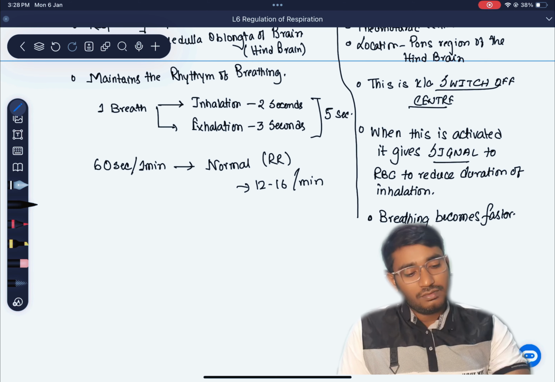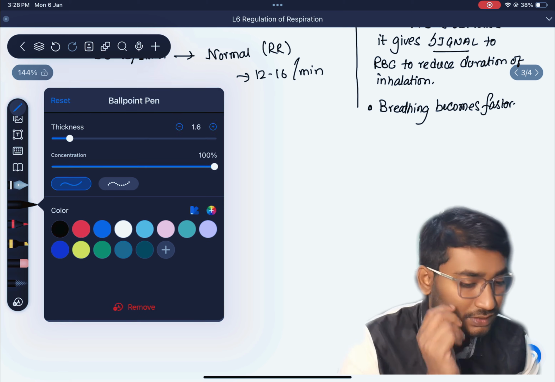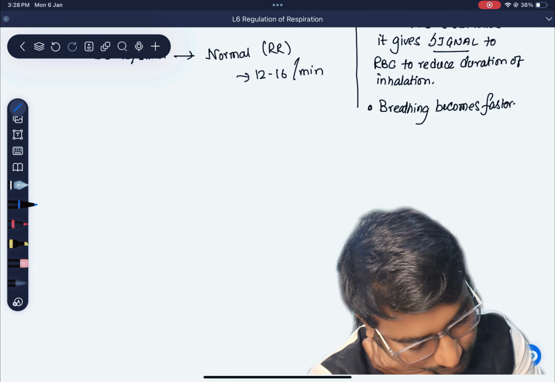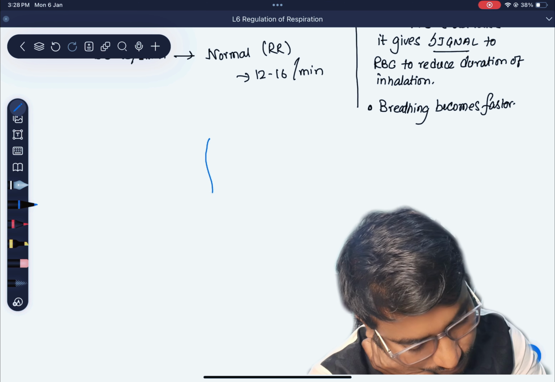Okay. Now I'm drawing a diagram of pons. Signals. Okay. I'm drawing a small diagram of respiration.